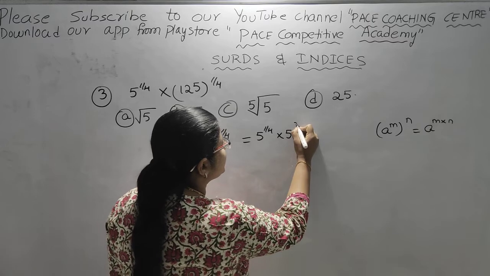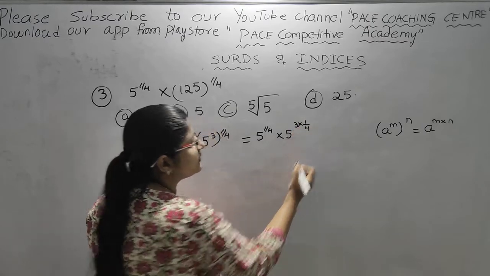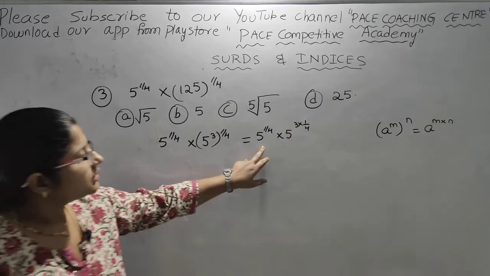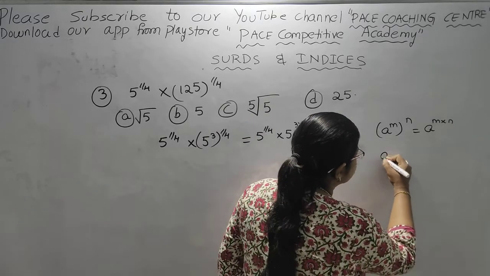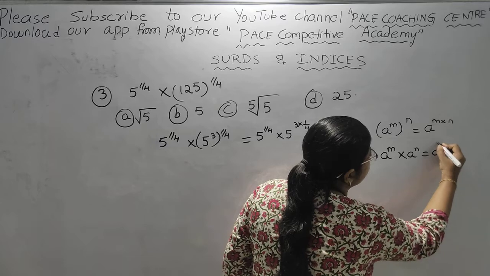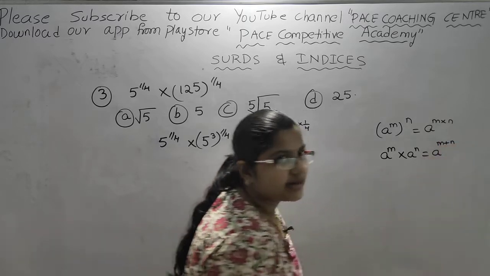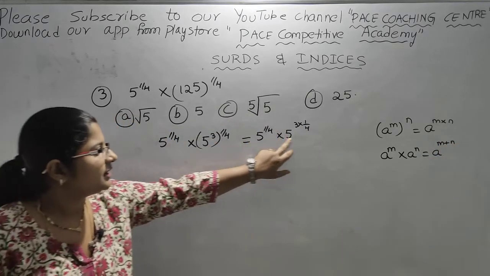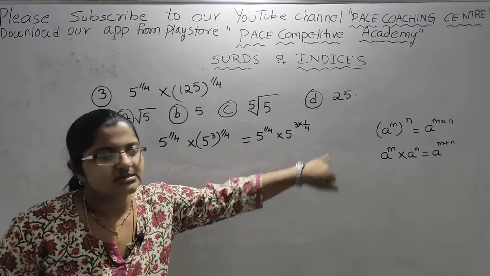So here we can write it as 3 into 1 by 4, which is nothing but 3 by 4. And another law of indices is a power m into a power n is equal to a power m plus n, right? If the bases are same, we can add the powers.